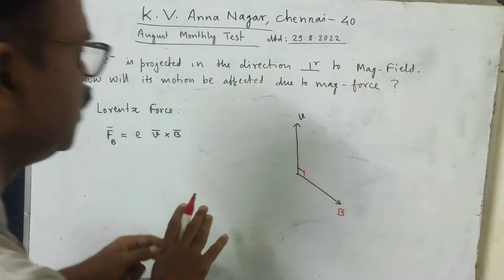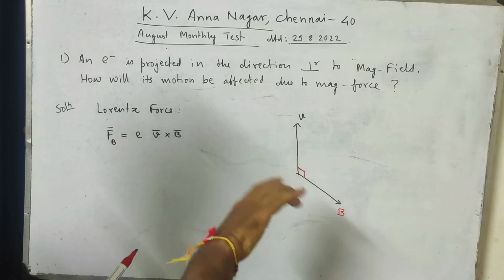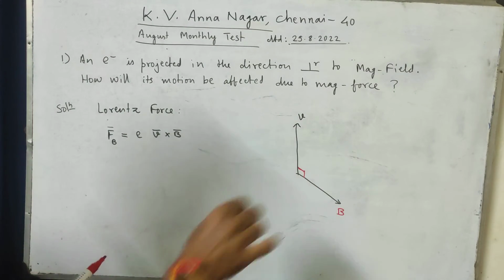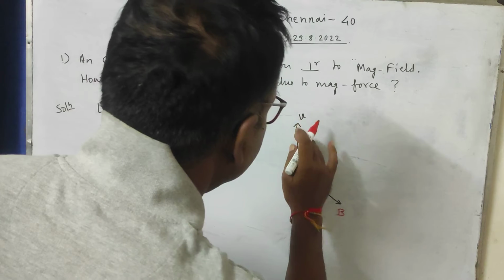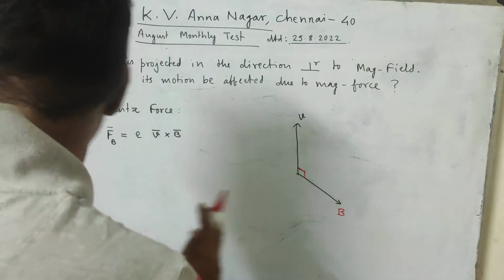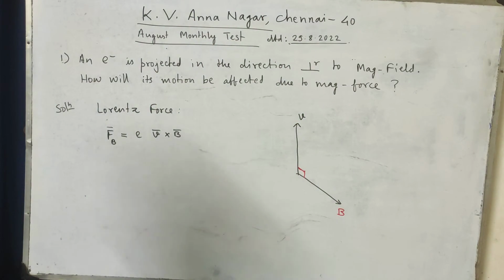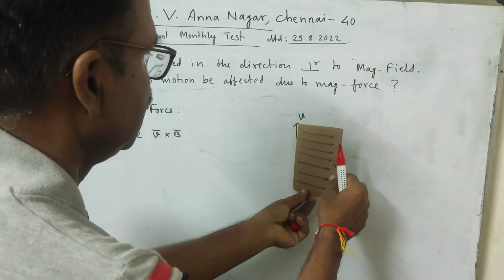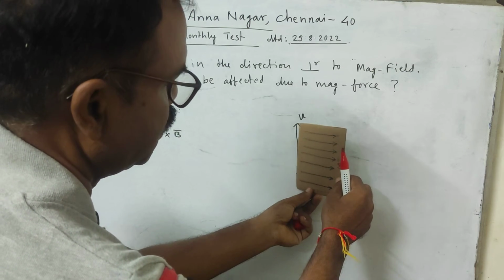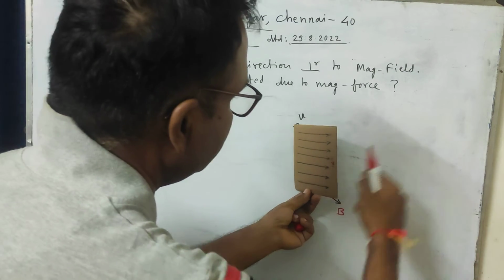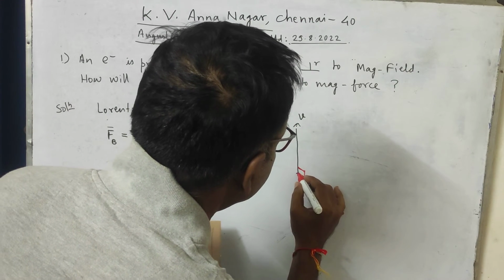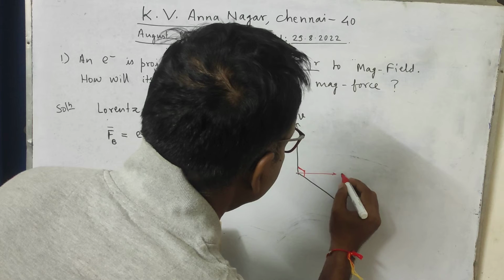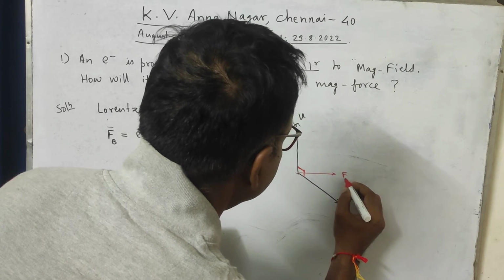So V cross B, when I go this way, the force will be acting perpendicular to this plane, in this direction. So this is the force on the positive charge.